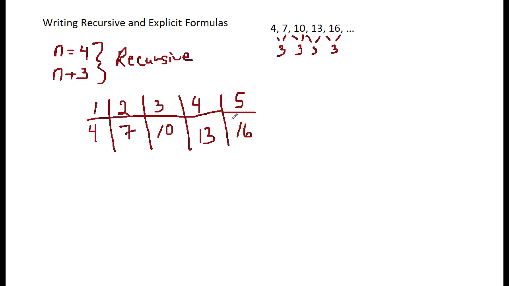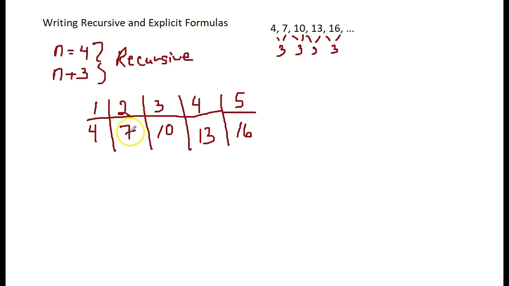Okay, now let's see. Oh, I have an idea. What if I took my number times 3? 1 times 3 is 3. And then I add 1 to that. What's 2 times 3? 6.